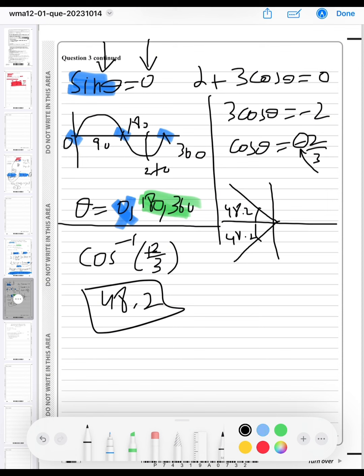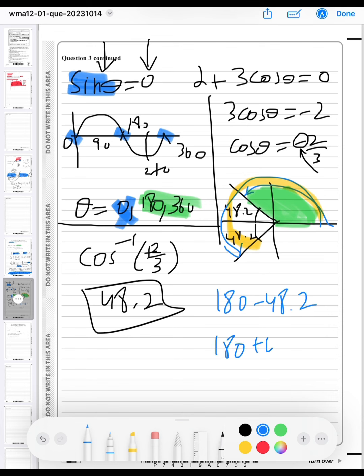Now we'll calculate the angles which they are asking for. How will we calculate this? Our requirement is this portion and this portion, and in the second case this one and this one. So this will be 180 minus 48.2 and 180 plus 48.2.